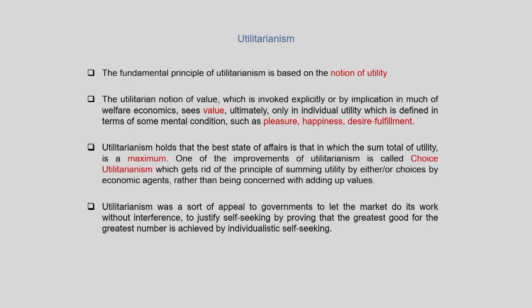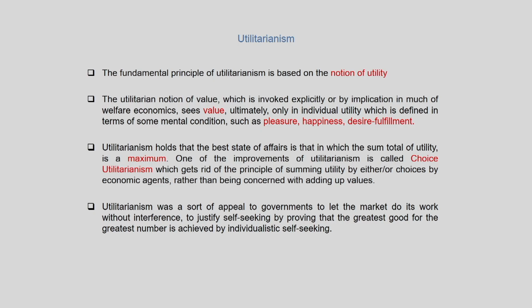So, utilitarianism holds that the best state of affairs is that in which the sum total of utility is a maximum, and one of the improvements of utilitarianism is called choice utilitarianism, which gets rid of the principle of summing utility and relies on observed choices by economic agents rather than being concerned with adding up values.